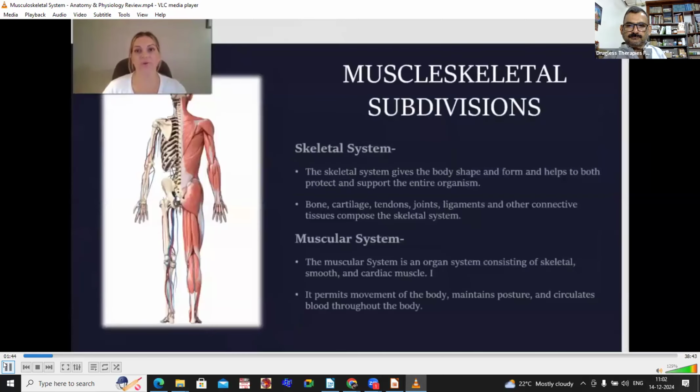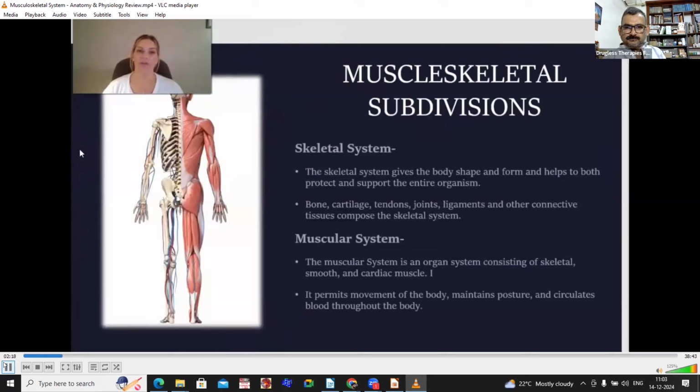So the musculoskeletal system is actually subdivided into two subdivisions: the skeletal system, and then the muscular system. The skeletal system supports and protects the organs, and the bone, cartilage, tendons, joints, ligaments, and other connective tissues compose the skeletal system.